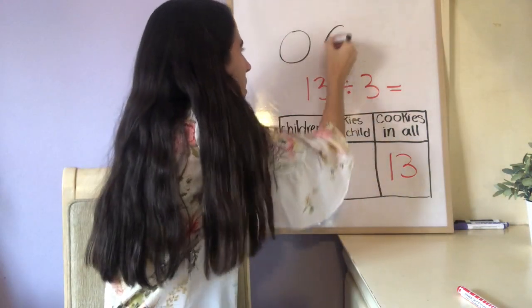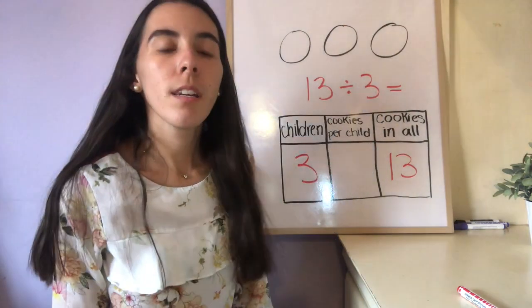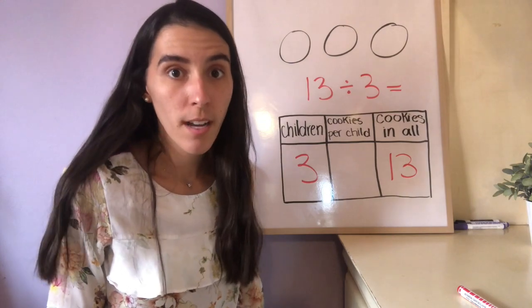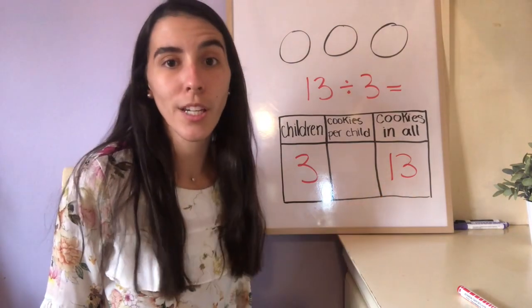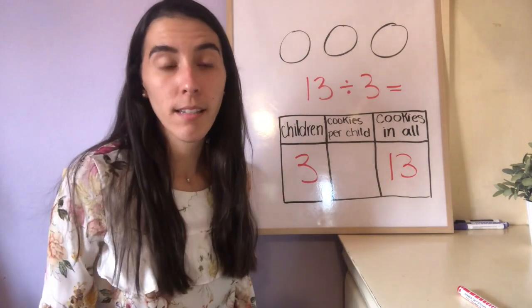1, 2, 3. Now that I have my 3 children, I need to take these 13 cookies and split them equally among those 3 kids.